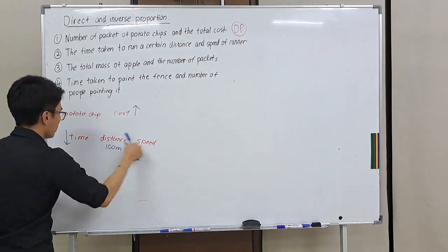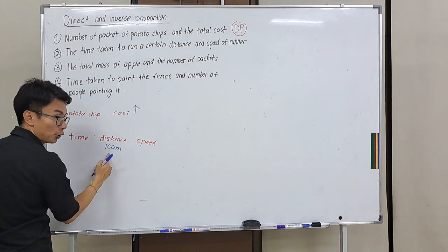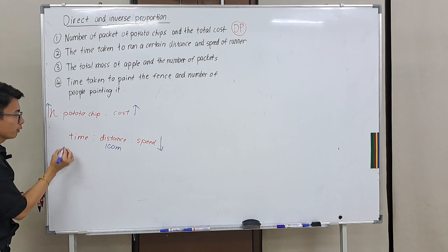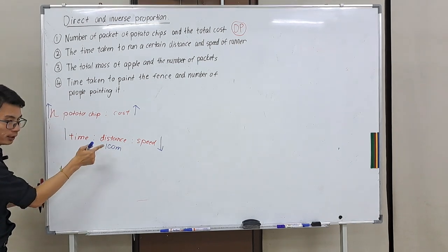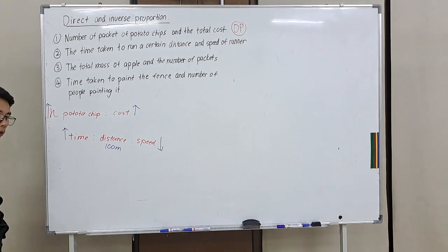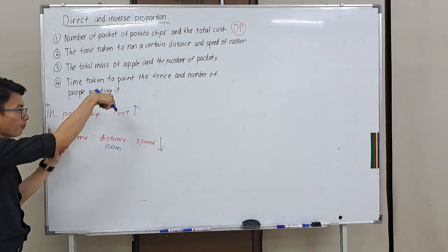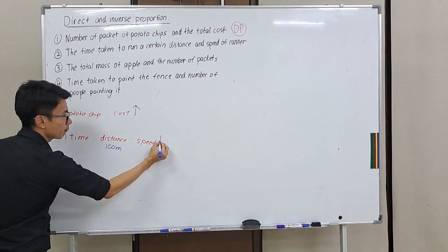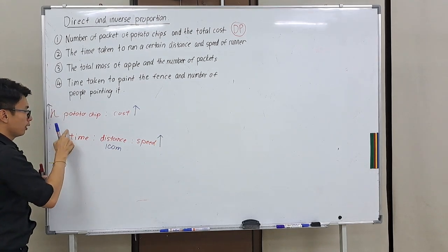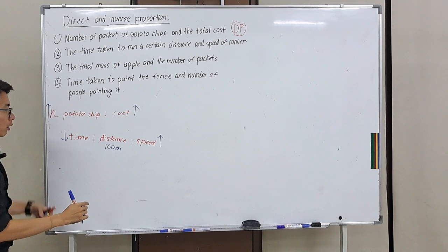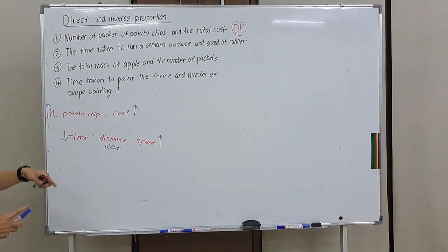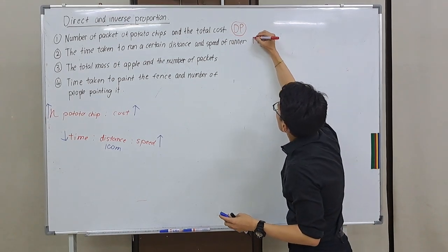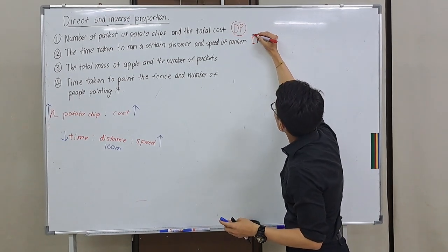And true enough, if I run slower for the 100-meter run, my time to complete the race should increase, correct or not? So can you see? Goes up, goes down. And in my previous example, I increase my speed, I should take less time to complete, correct or not? Go down, go up. So based on this, we know the second one is an inverse proportion, IP for short.